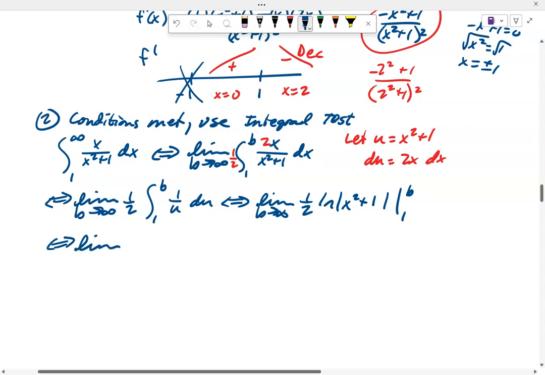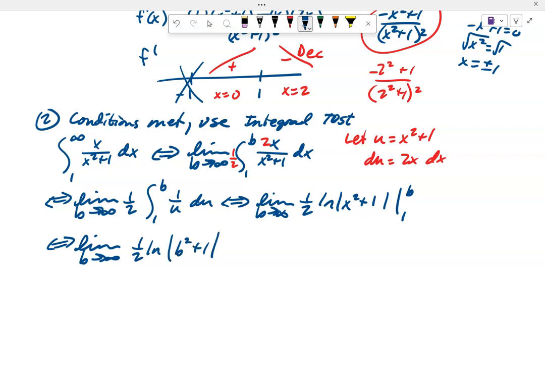So that's the limit as b goes to infinity of 1/2 natural log of b squared plus 1 minus 1/2 natural log of 1 squared plus 1, which is 2. 1/2 ln of 2. Well, if I plug in the infinity here, that's going to go to infinity. So we got infinity minus 1/2 ln of 2. So this just ends up going to infinity.